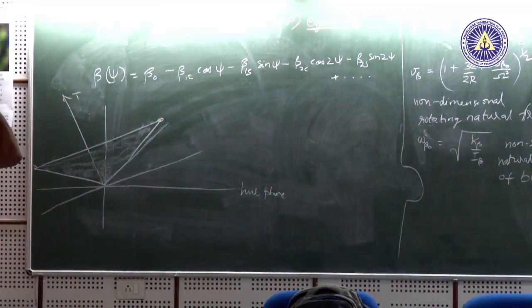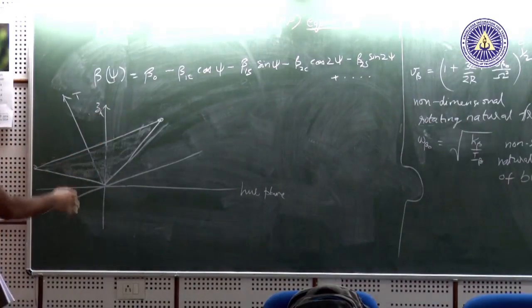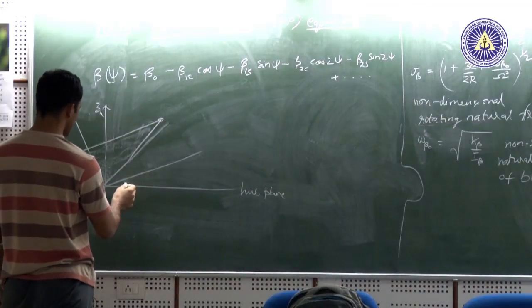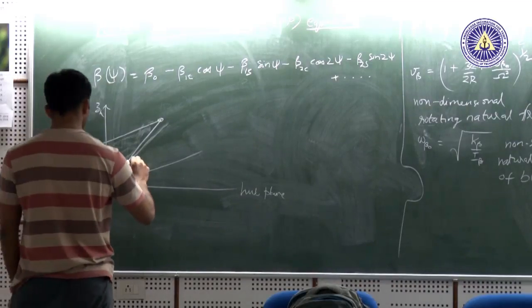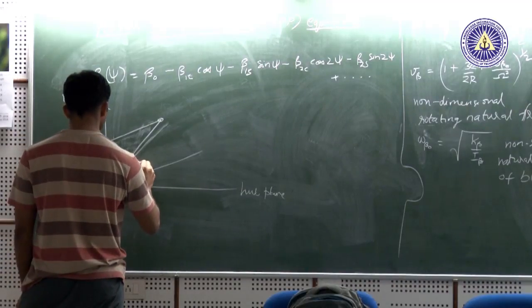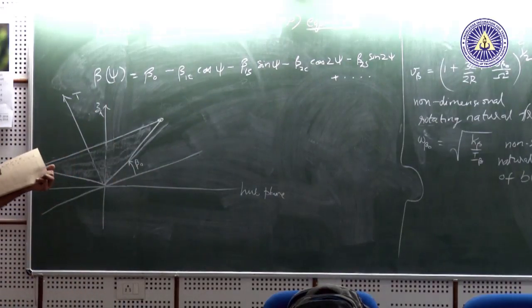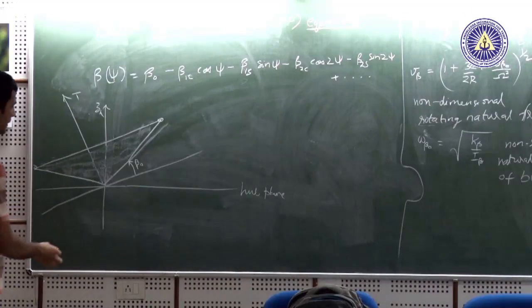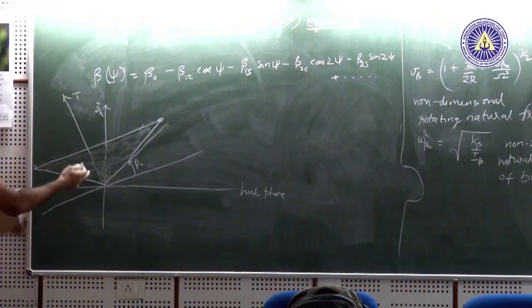In terms of three angles, and this is my z edge, the hub vertical direction, and this can be described by three angles. One is your beta naught, which is the coning angle of the rotor, and the orientation of this cone can be described by two angles.